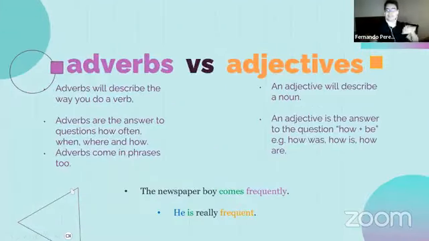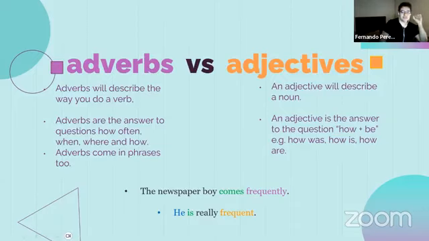I think the most important part from yesterday's class is this. That's definitely the part that we need to understand for the next classes, for the exam, and for speaking correctly, because this specific exercise gives you the ability to alternate between words that look very similar.